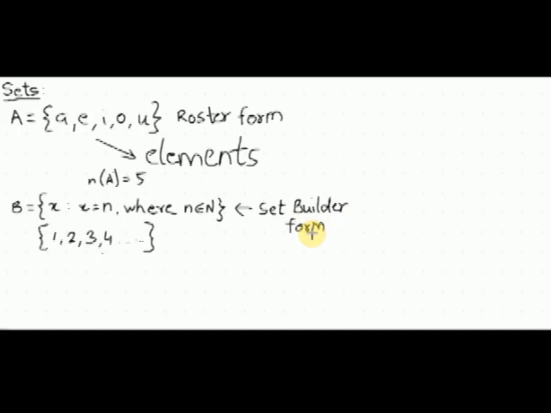So these are the two types of representation of sets: roster form and set builder form. Now we will see some more examples on this so that you can understand it in a better way.